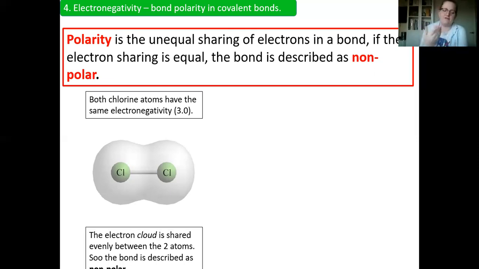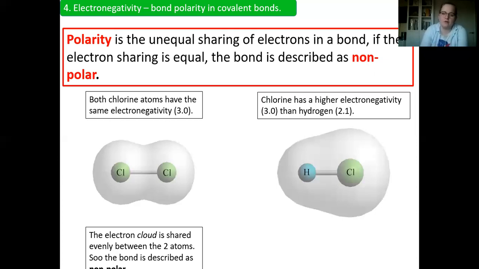So the electron cloud is shared evenly between the two atoms. This electron cloud is the area that the electrons can travel around the two atoms. So the bond is described as being non-polar. However, chlorine has a higher electronegativity, 3 on the Pauling scale, than hydrogen, which is 2.1.